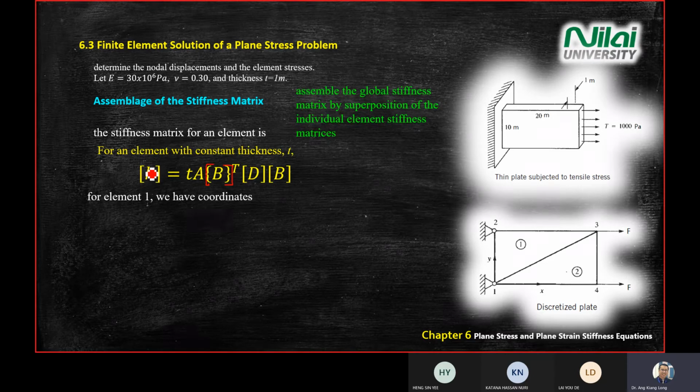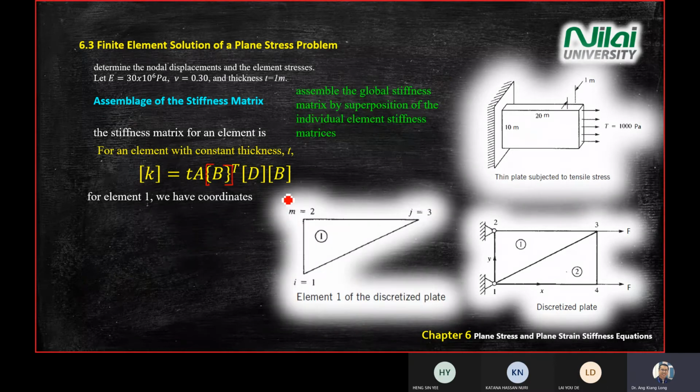It means that we look at the element. You do one set for element 1, and after you are done with one set, you repeat for element number 2. I do the first element for you. So for element 1, you pull the triangle out. You have 1, 2, and 3.